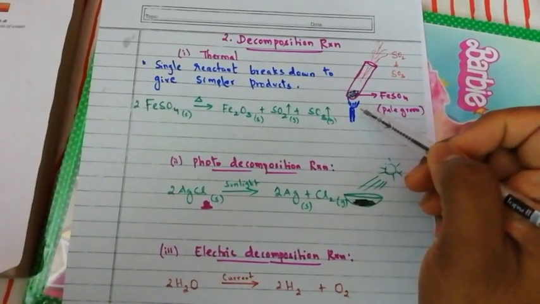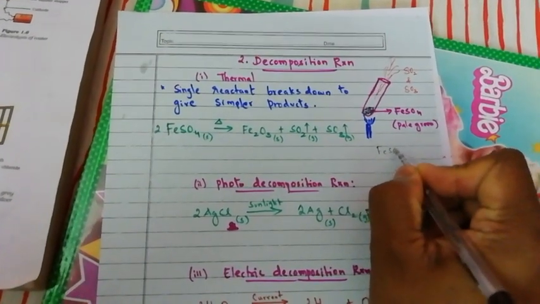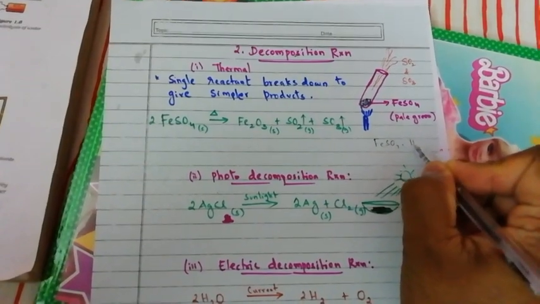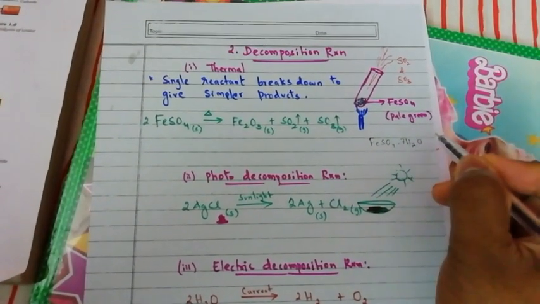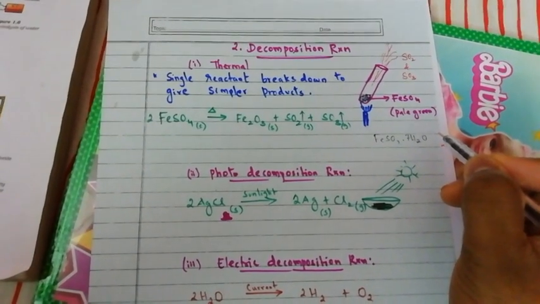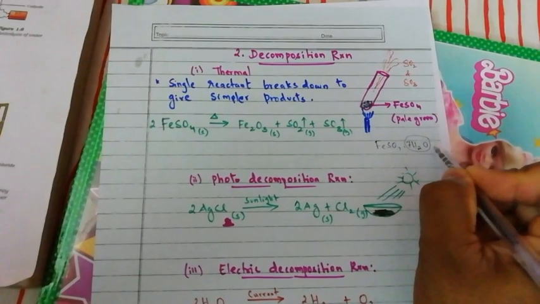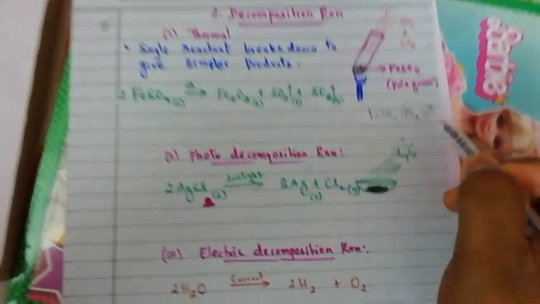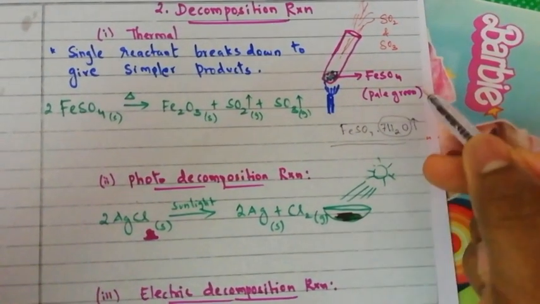When we heat ferrous sulfate, that means FeSO4, it has lots of water molecules along with it, that means 7 molecules of water. So when we heat, what will happen? These water molecules get evaporated. Am I right? So hydrated ferrous sulfate becomes dehydrated.